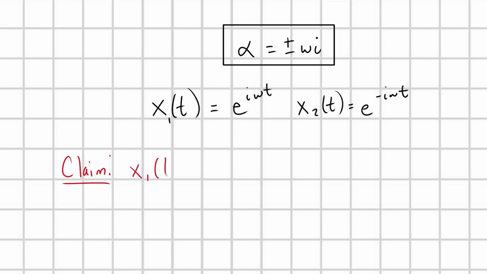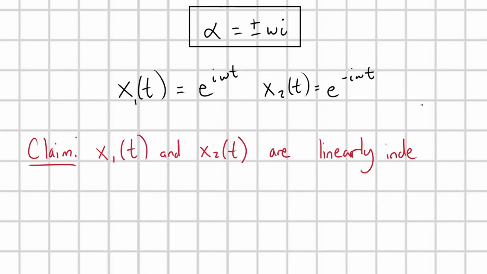First off, x1 of t and x2 of t are what we call linearly independent solutions. So there's the first part of my claim.